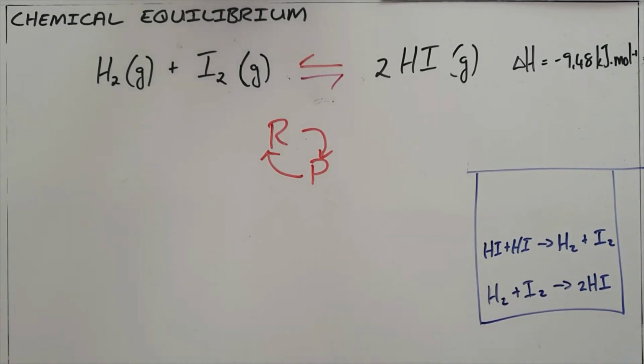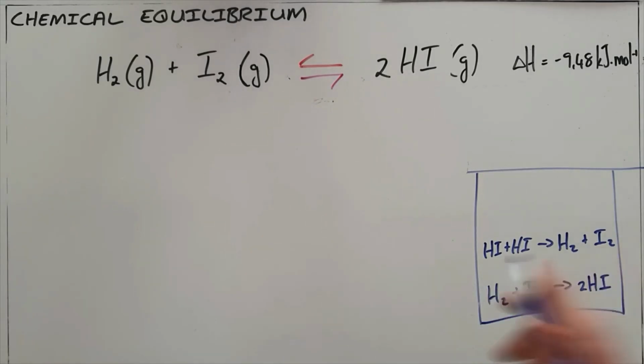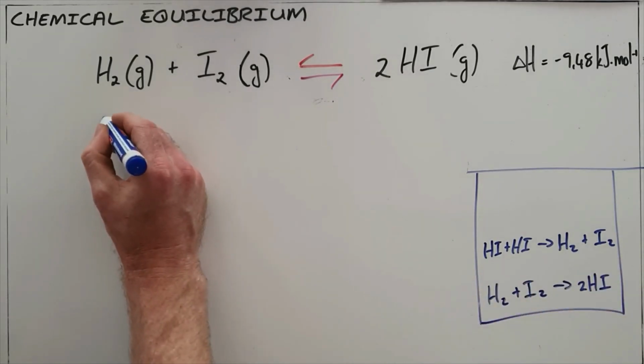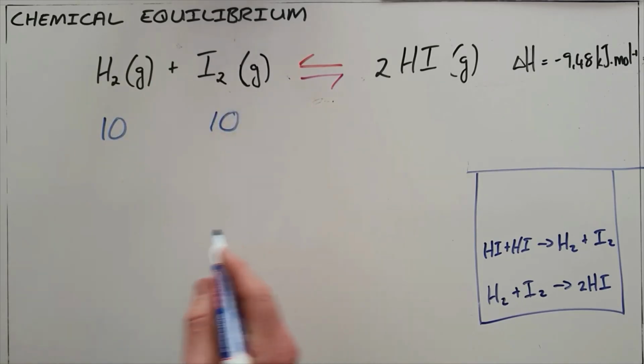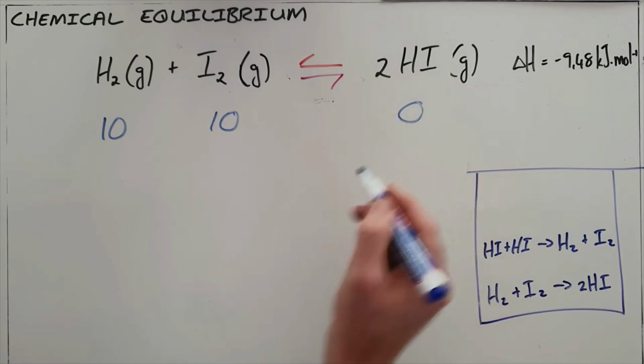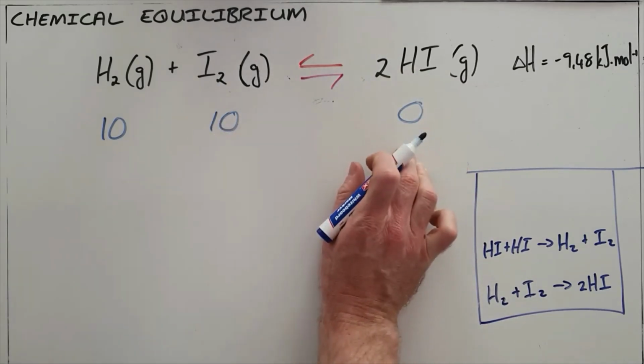In order to illustrate this idea, I'm going to start out with a system in which we imagine that we have 10 hydrogen molecules and 10 iodine molecules, and obviously at the start, since we have only added these, there's no hydrogen iodide.